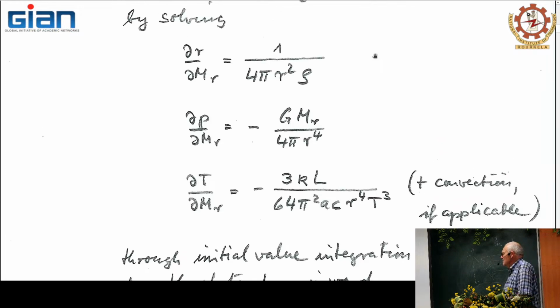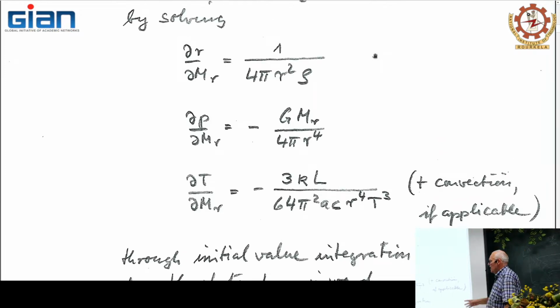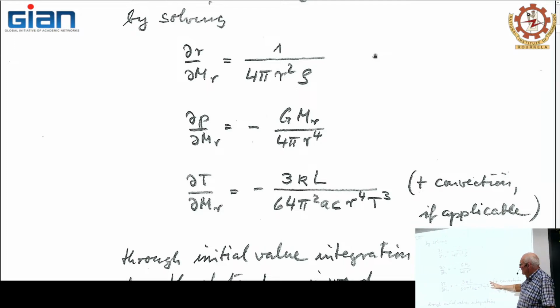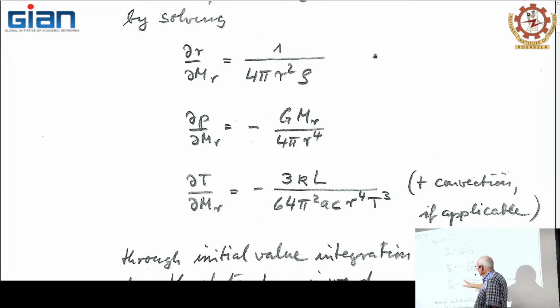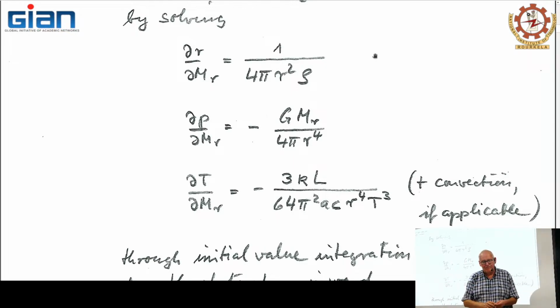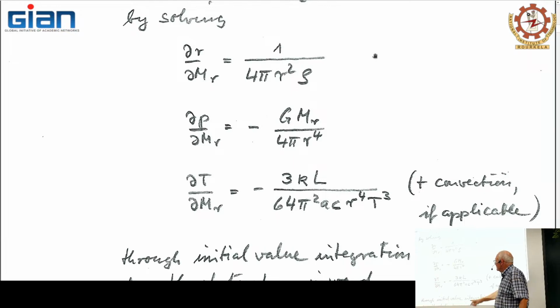We start with m_r equals M. We know the mass, so we have the value of M and start with the independent variable m_r equal to M. We start with the effective temperature. Effective temperature is given. Then the radius will be obtained from the Stefan-Boltzmann law.